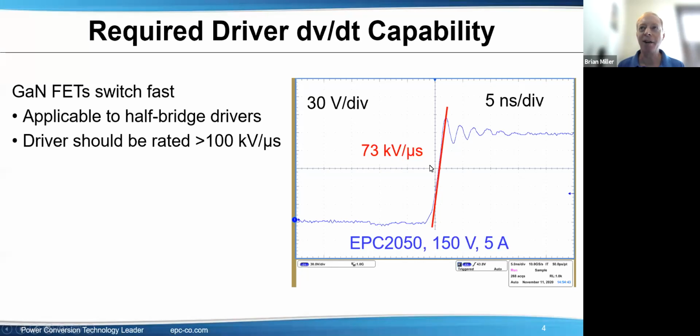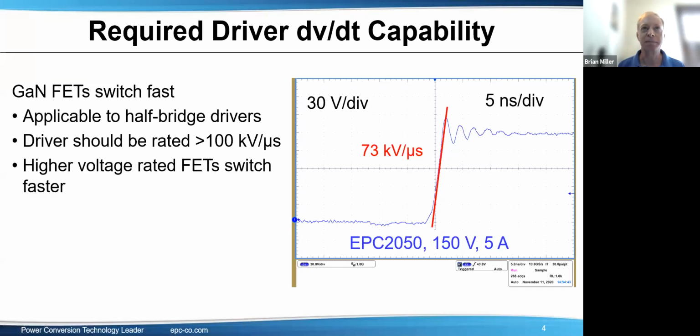Now, if you have a half bridge that can't take that, or an isolator, or something else sitting on the switch node, that could create problems. So you want something that can actually take that speed. You want the higher voltage rated FETs to switch faster, and they do switch faster when it comes to this. So this is one example. There'll be others coming.